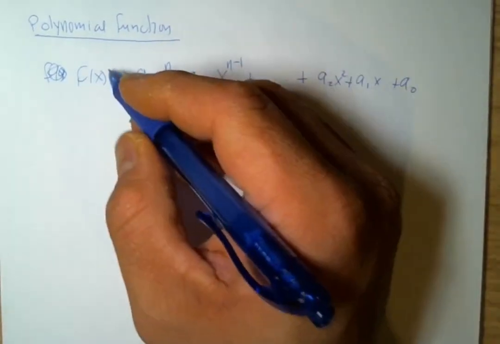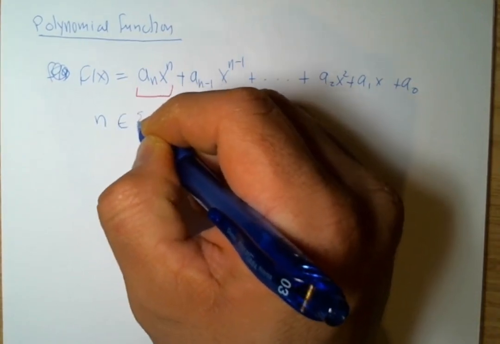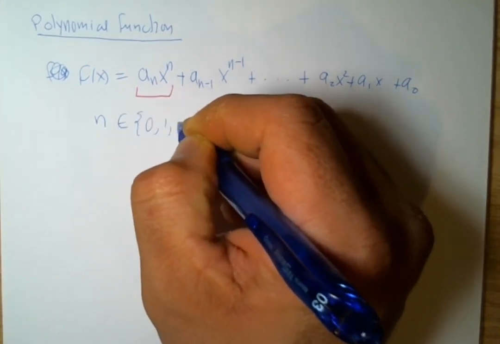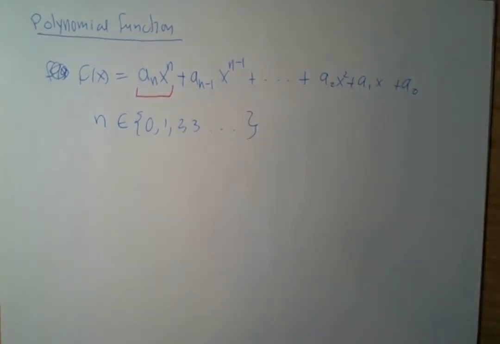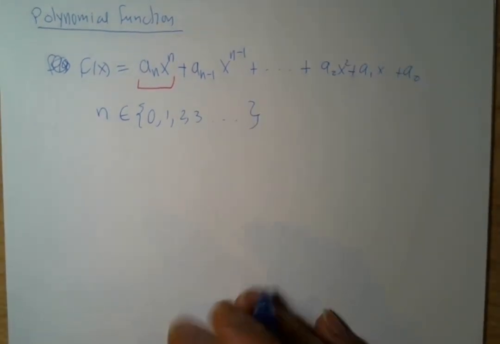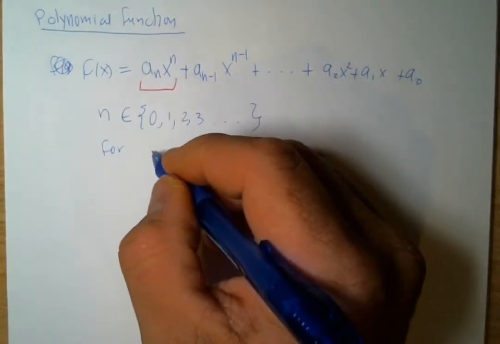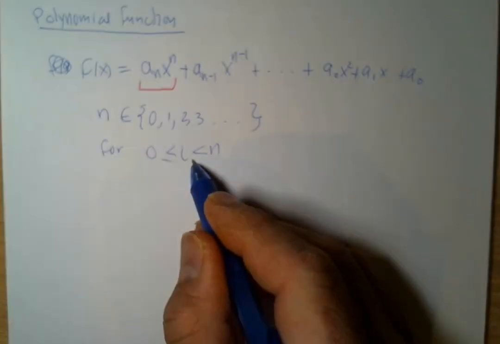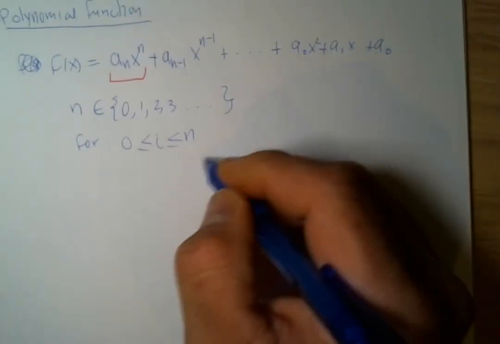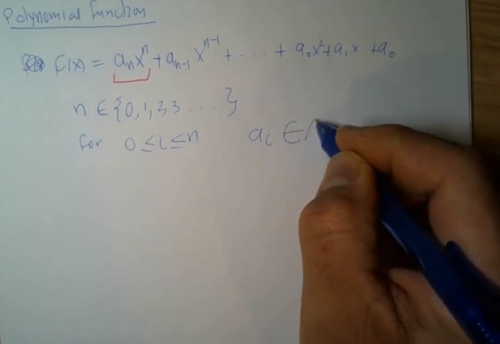As we stated, for it to be a polynomial, n must be an element of the whole numbers: 0, 1, 2, 3, etc. But for any of these a sub i's, for i greater than or equal to 0 and less than or equal to n, any of those, what we call coefficients, is just some real number.